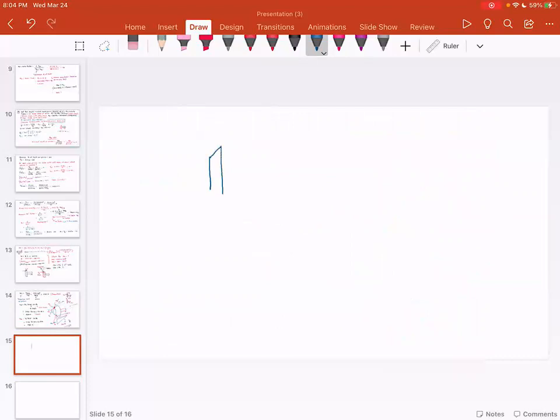So observe this. In the front view, you have two forces, WA and WR. In the top view, you just have one force, which is WT.